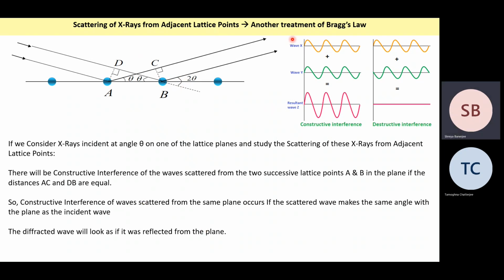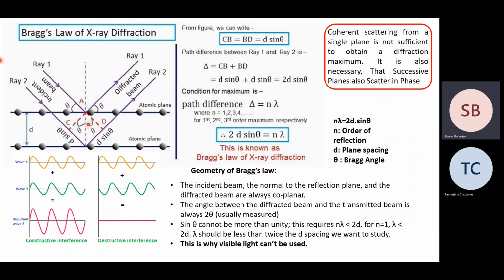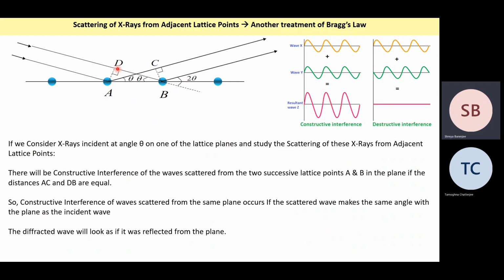So this is another treatment of Bragg's law. In the previous treatment, you had considered the path difference, which was 2d sine theta. Here the path difference for one wave is BD and for the other wave is AC. Once these two are equal, there will be constructive interference and you will get high intensity diffraction spots.